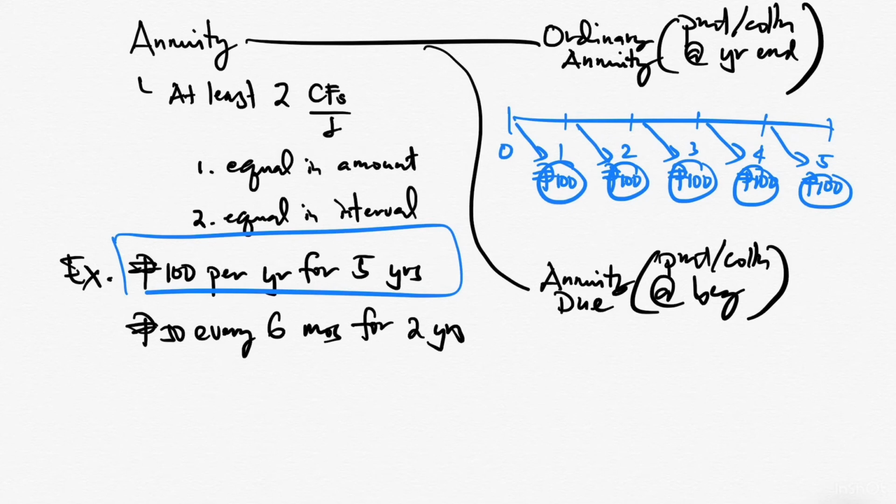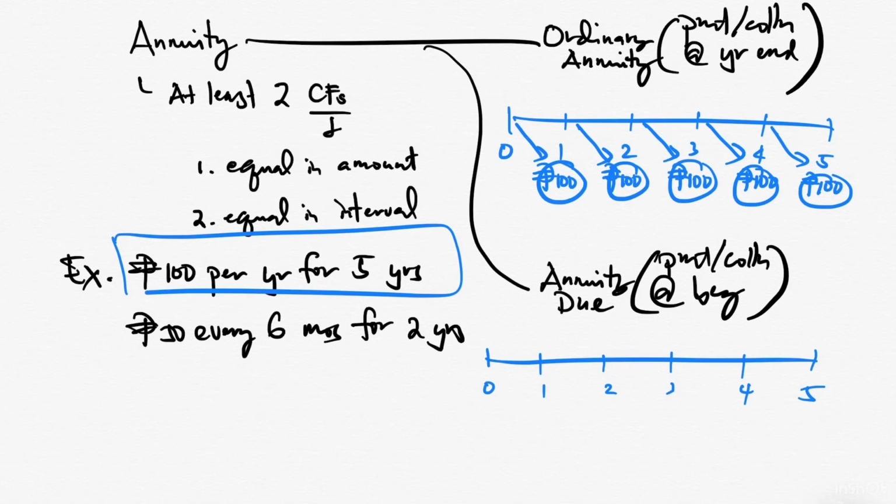Now, what if the case is an annuity due? So let's still use the same example, 100 peso per year for 5 years. So in this case, the payment or collection will happen at the beginning.